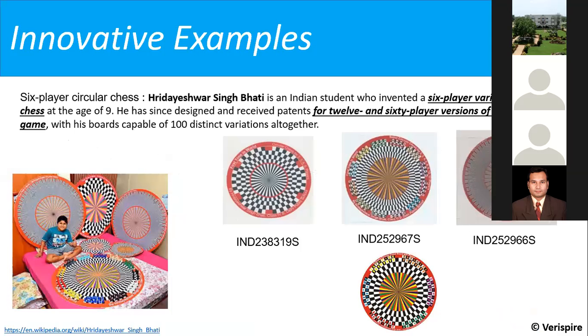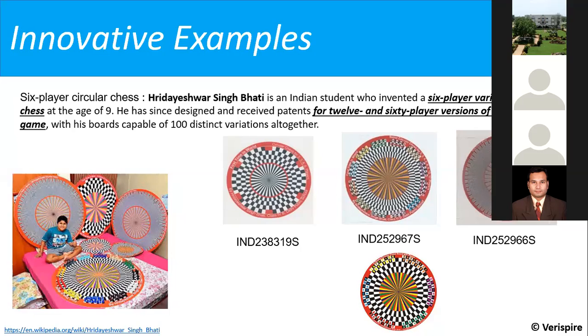I give you an example. A guy from India filed 3 design applications. First for a 6-player chess version, second was a 12-player chess version, and third was a 60-player chess version.